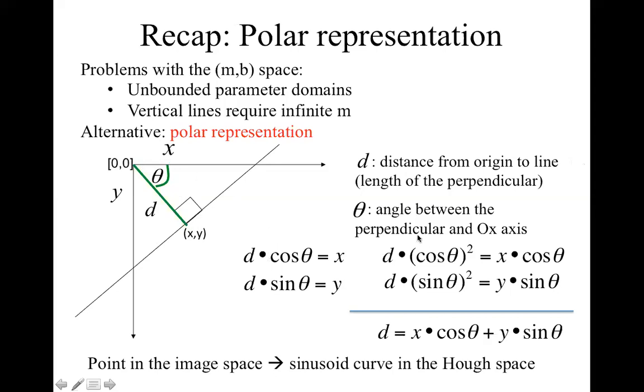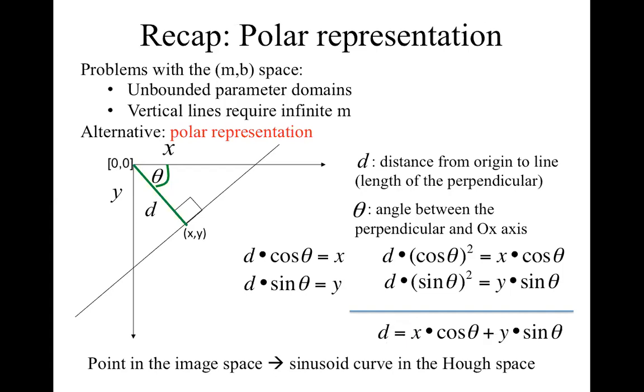So if you do all the math, you will see that the set of all possible lines that pass through the point x, y in an image is given by a sinusoid curve in the half space, and the equation of this sinusoid curve is d equals x cos theta plus y sin theta.